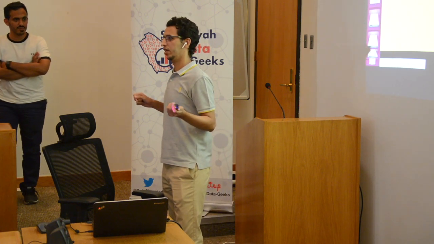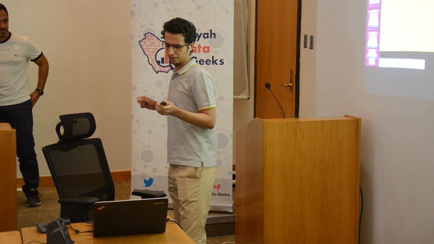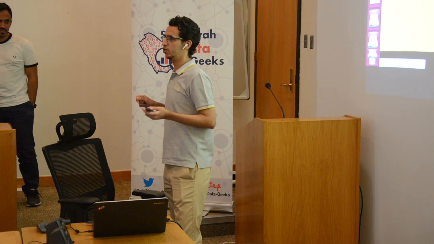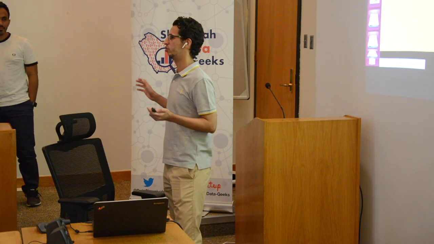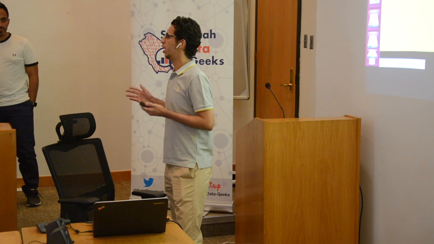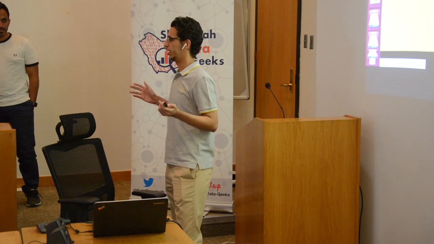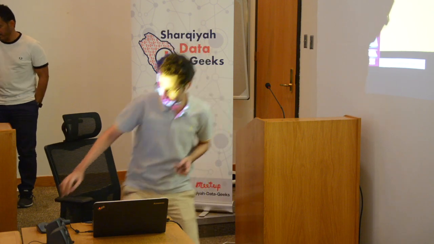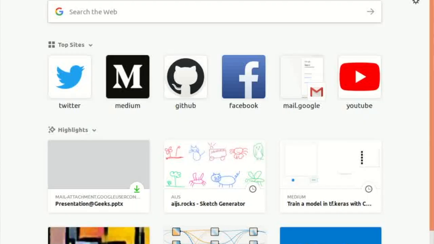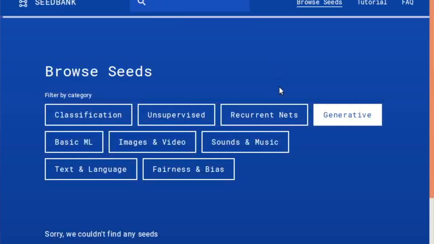So in terms of TensorFlow, what I prefer is that you search for some Colab notebooks. So I will show you something here. So here is what is called Seedbank. This Seedbank was created by Google.